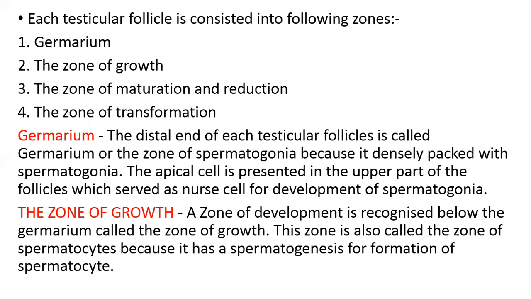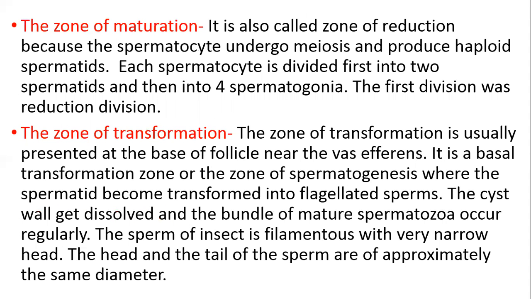The zone of growth, a zone of development, is recognized below the germarium. This zone is also called the zone of spermatocytes because it has spermatogenesis for formation of spermatocytes.